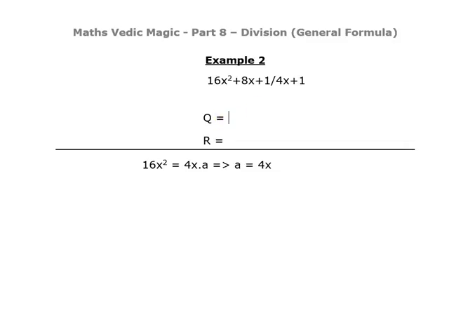Then comes the second term of the dividend, which is 8x. How do you receive 8x?